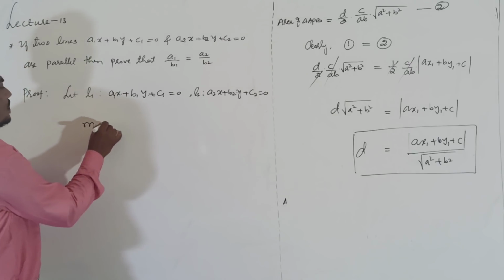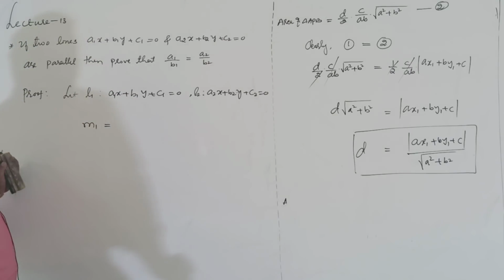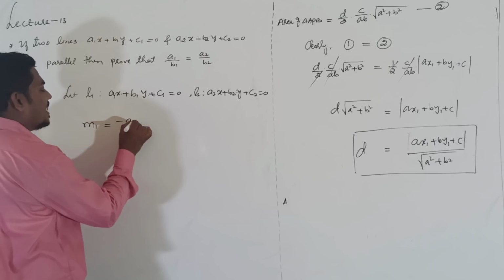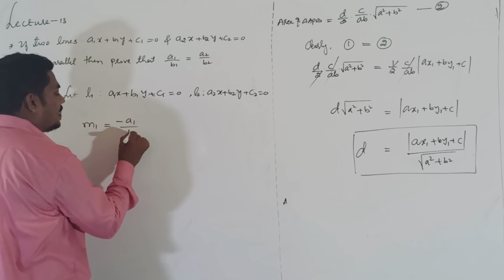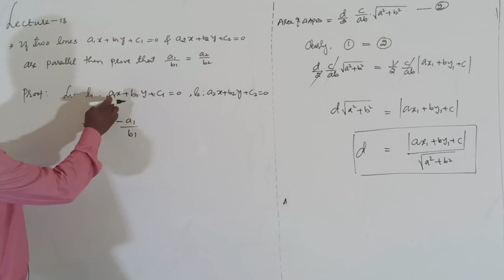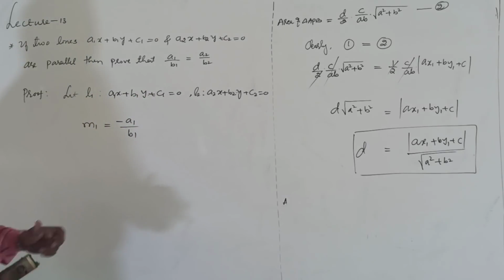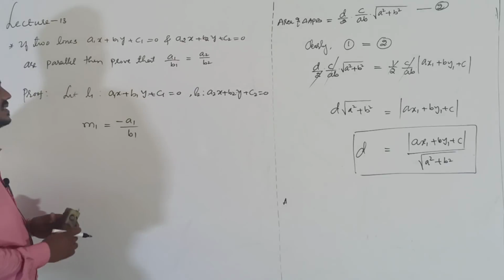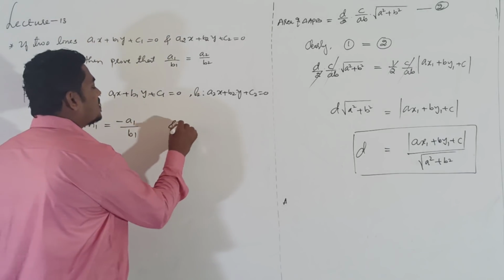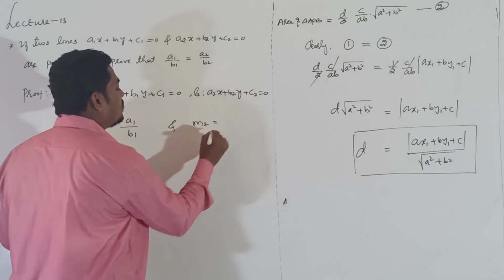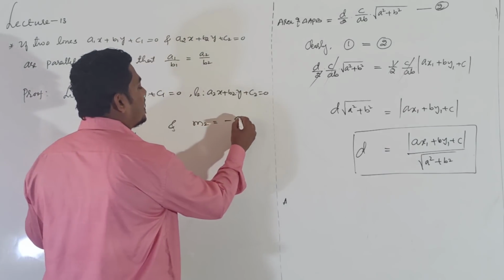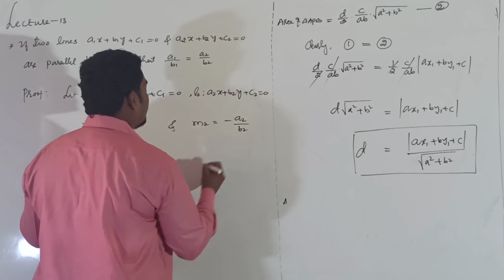I will take the slope of line 1 as m1, that's equal to the formula minus a1 divided by b1, since the equation is like ax plus by plus c equal to 0. So the slope of line 1 is minus a1 by b1, and I will take the slope of line 2 as m2. What is m2? Minus a2 divided by b2, right?